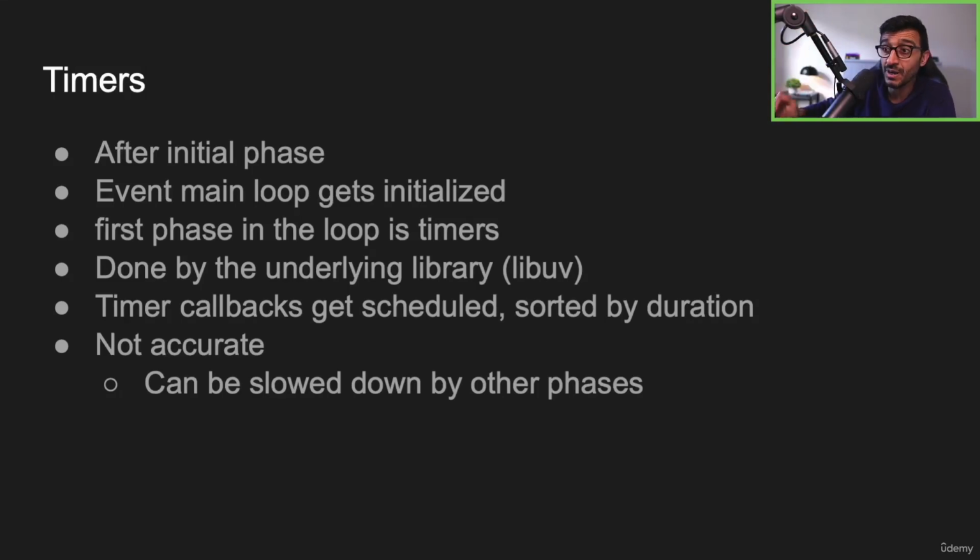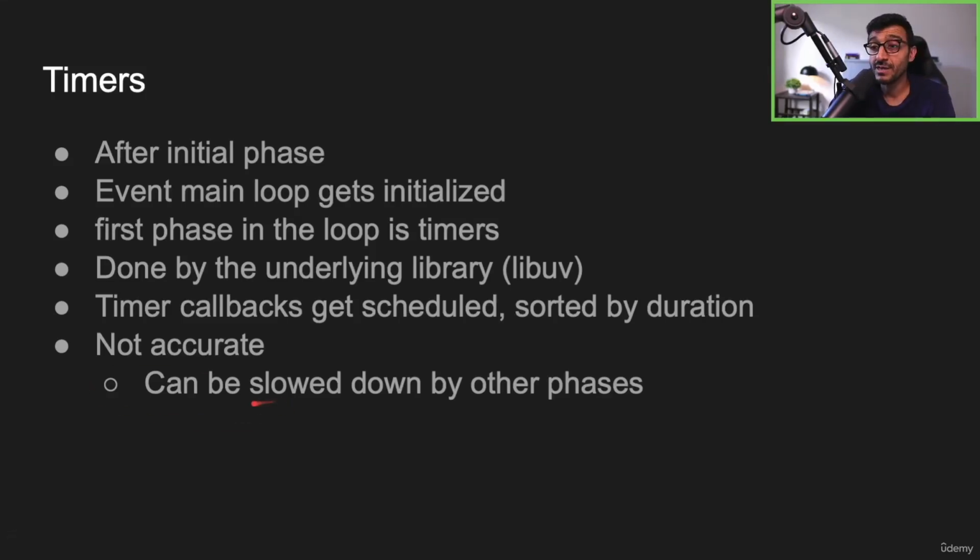And they are sorted by this duration from the smallest to the largest. And what we do is we really sleep. We sleep for the shortest duration, and when we wake up, we check the rest of them. It's like, okay, I just woke up because you need to execute soonest.